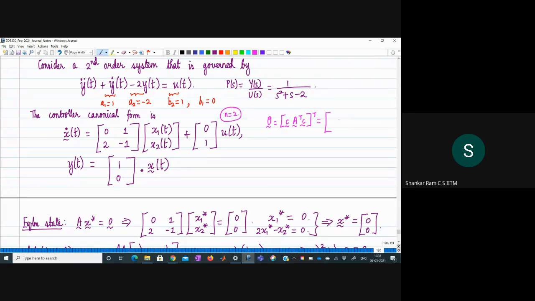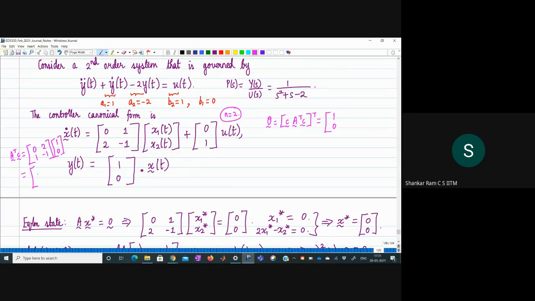C will be 1, 0. To evaluate A transpose C, the transpose of A will be 0, 1, and 2 and minus 1. Then C will be 1.